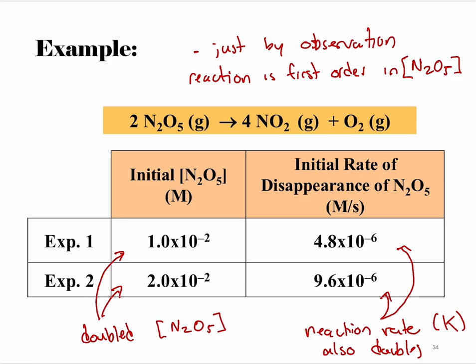We can just say we have uppercase K is equal to, and what always has to be there to make sure the units work out, right? Lowercase k, our rate constant, times the concentration of N2O5 to the power of 1. So that would be our experimental rate law.